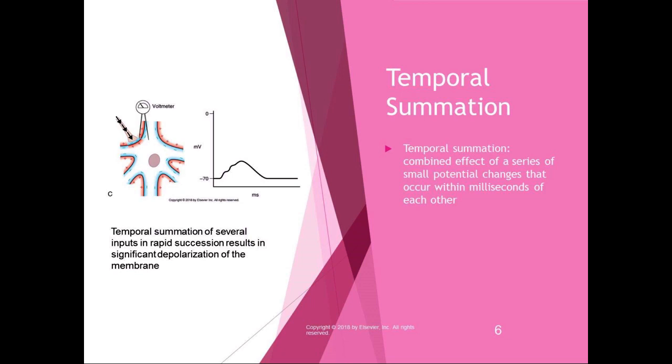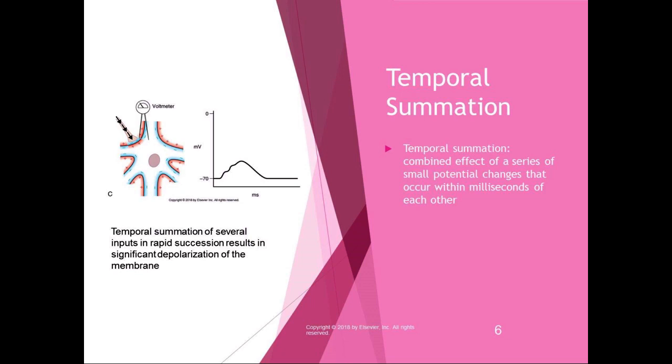So temporal summation has several rapid successive inputs that result in a significant depolarization of the membrane. The action potential is a much larger change in membrane potential than the local potential, so we need to get a buildup of these local potentials in order to generate an action potential.